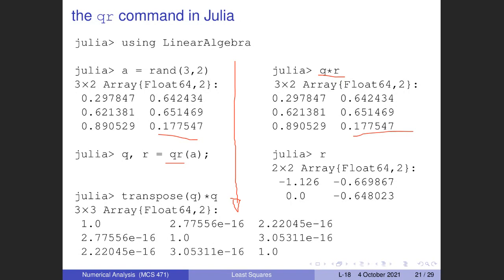That is implied by Q transpose Q and Q times R. So you can see the matrix Q, if you transpose it, also as a way to triangulate the matrix. It's very similar to the L in the LU factorization, where we had the multipliers. L is a lower triangular matrix that is used in the solving, but it also stores the multipliers. Q is also going to store the information needed to make this matrix upper triangular.